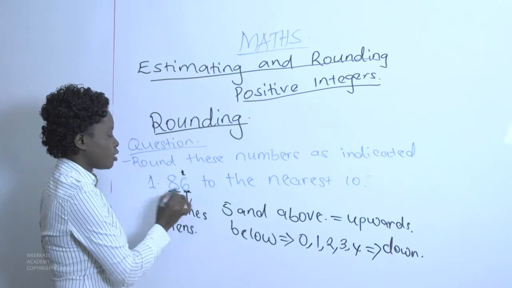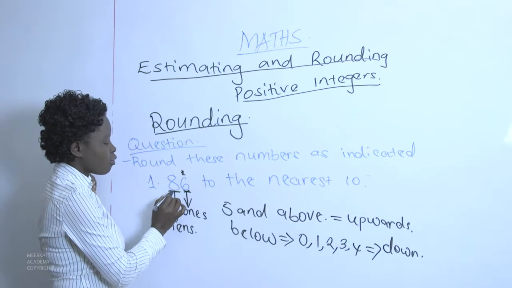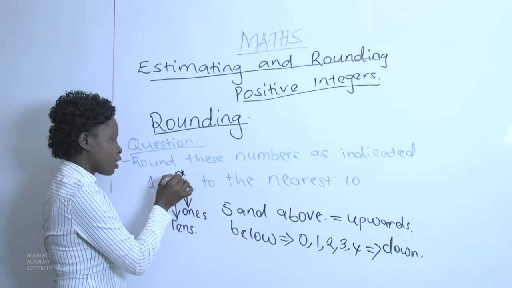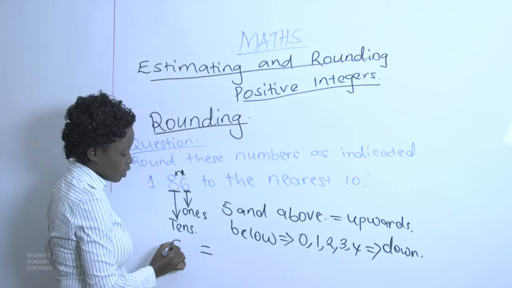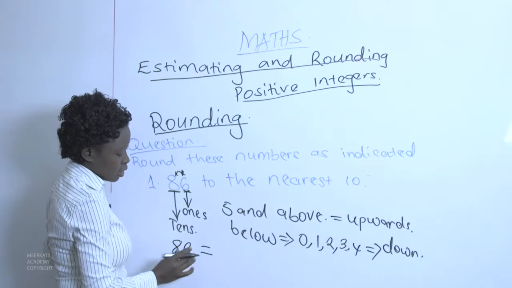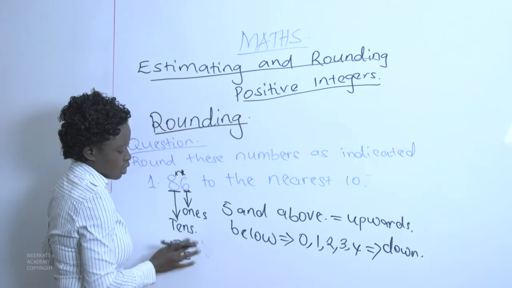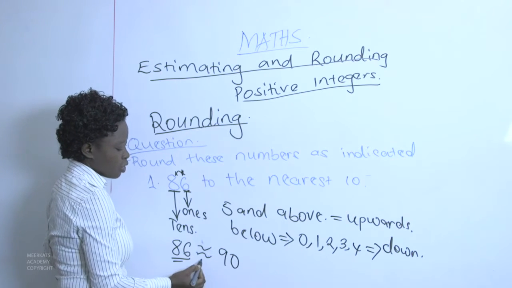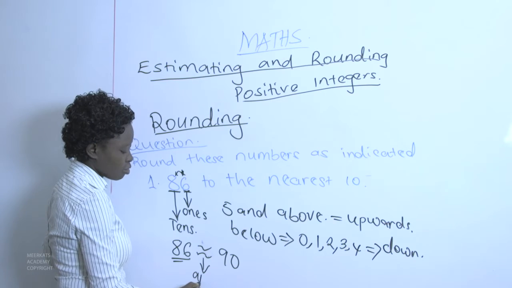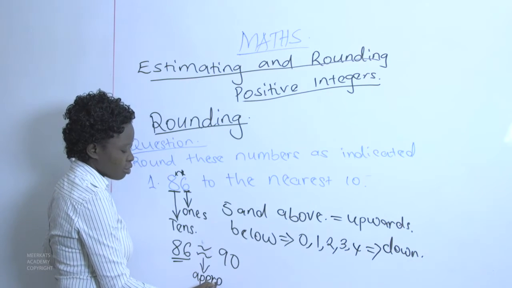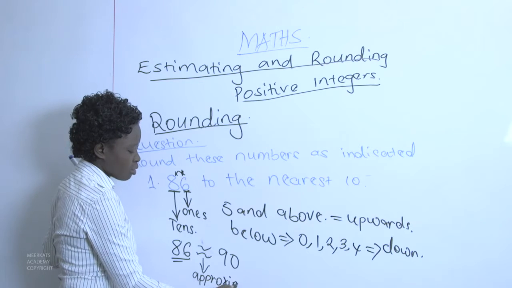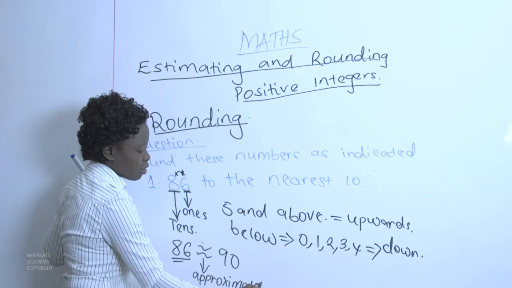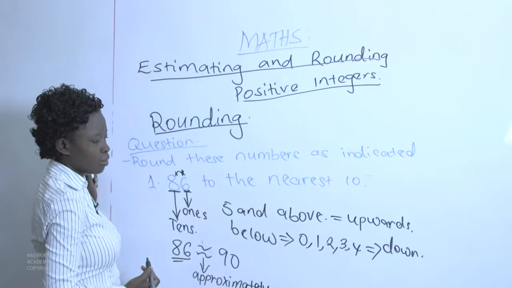So since it is more than 5, our figure is rounded up, so this 8 changes to 9, and we get that 86 to the nearest 10 is approximately 90. This sign here simply means that it is not the actual value, but an approximate value. So it means 86 rounded off to the nearest 10 is approximately 90.